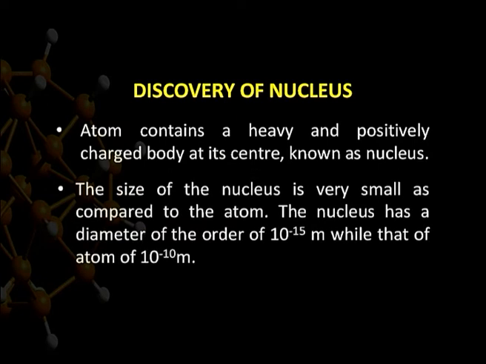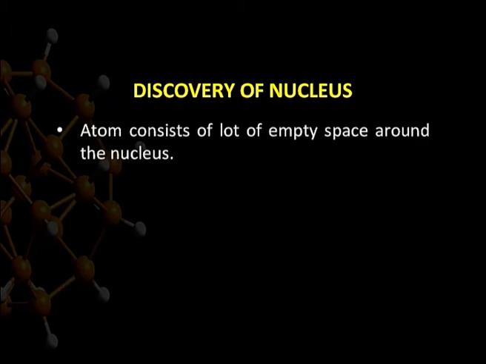The size of the nucleus is very small as compared to the atom. The nucleus has a diameter of the order of 10^-15 meter, while that of the atom is 10^-10 meter.